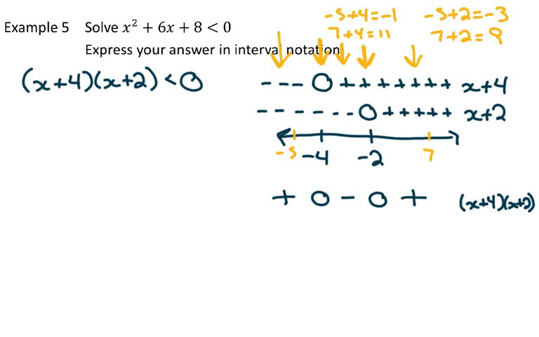Going back to the inequality, it's the sign that matters for the next step. That sign means we are looking for where x plus 4 times x plus 2 is less than 0, which, since we care about things defined as positive or negative, would be better useful to us as saying negative. Looking to the sign analysis, this is negative right here in the middle this time.